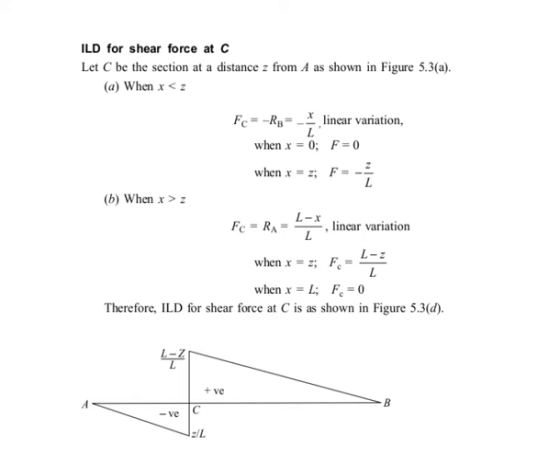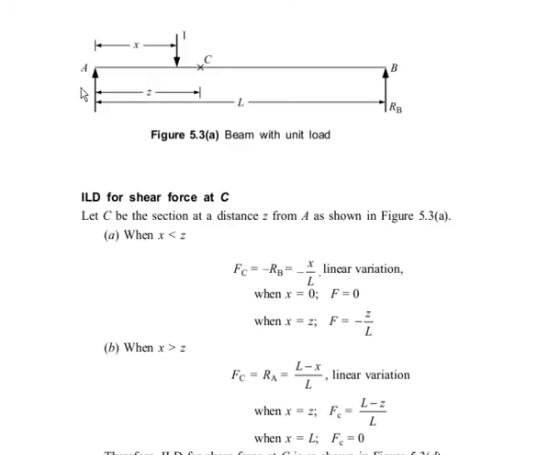So now we understood the variation of shear force at C in between A and C. Next is the condition when x is greater than z, or when the moving load is moving from C to B. The figure is not given for that condition.